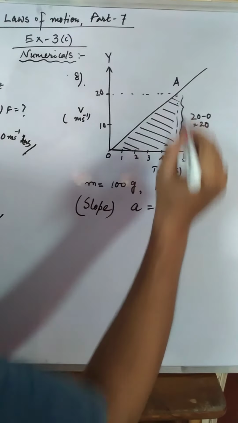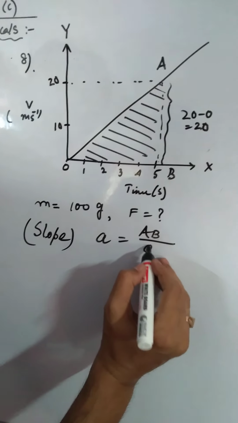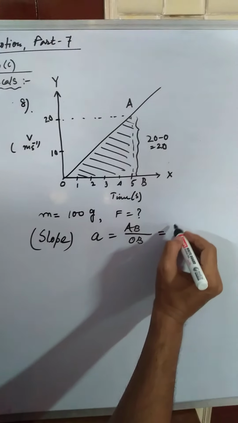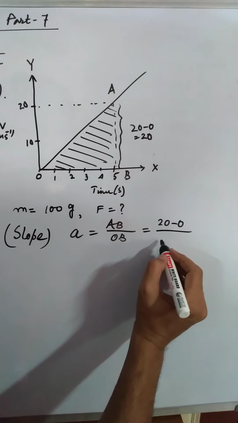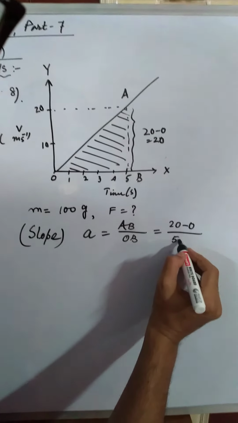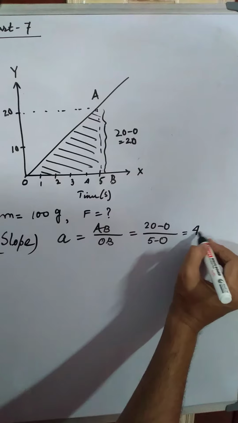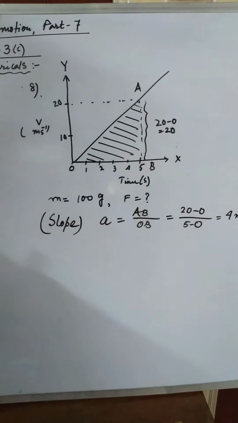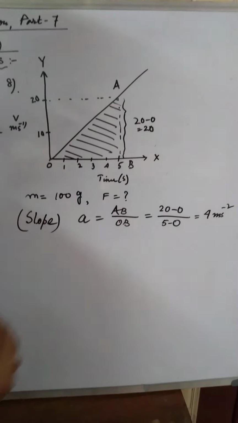So AOB is a right angle triangle, so it gives the result AB by OB. What is the value of AB? 20 minus 0. And what is the value of OB? That is 5 minus 0. So 20 by 5, that is 4 meter per second square. It is the acceleration produced by the particle. You can find it out by finding the slope of the graph.